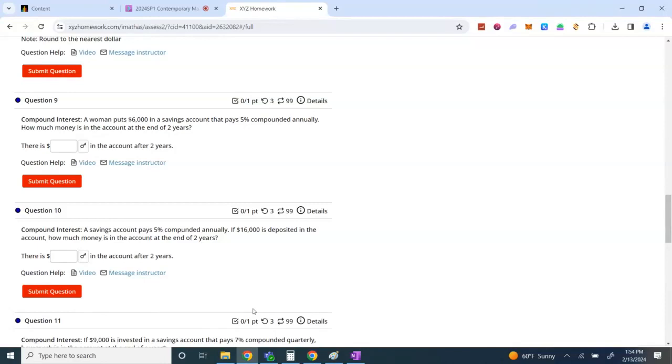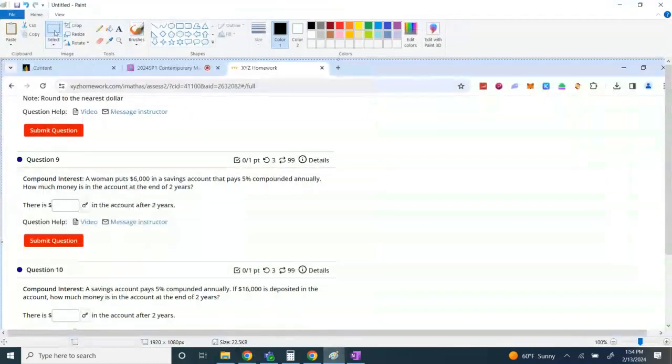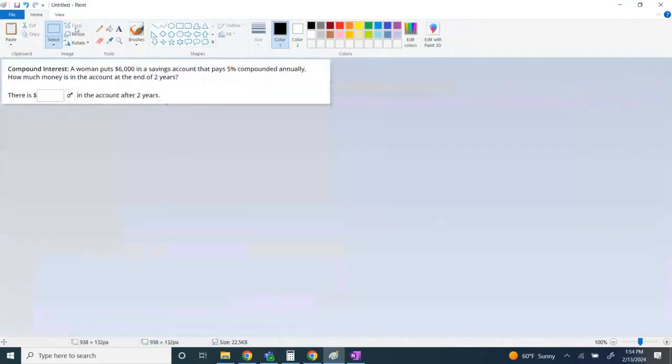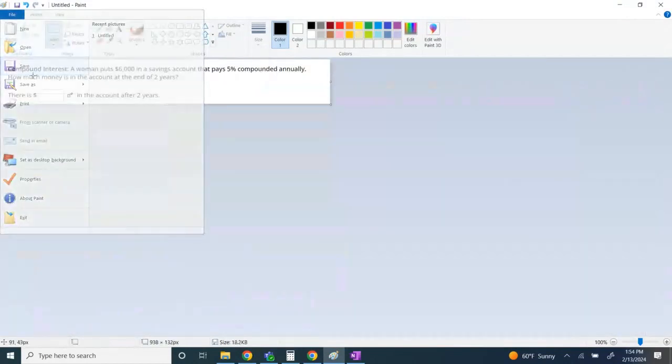So problem number 9 says a woman puts $6,000 into a savings account that pays 5% compounded annually. How much money is in the account at the end of 2 years? Since we see the word compounded annually, we're going to use the compound interest formula.